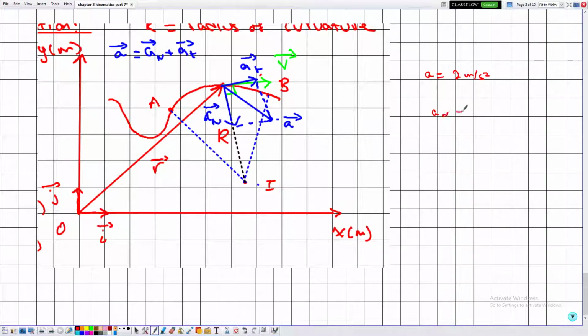The normal acceleration is given by 0.89 meters per second square.